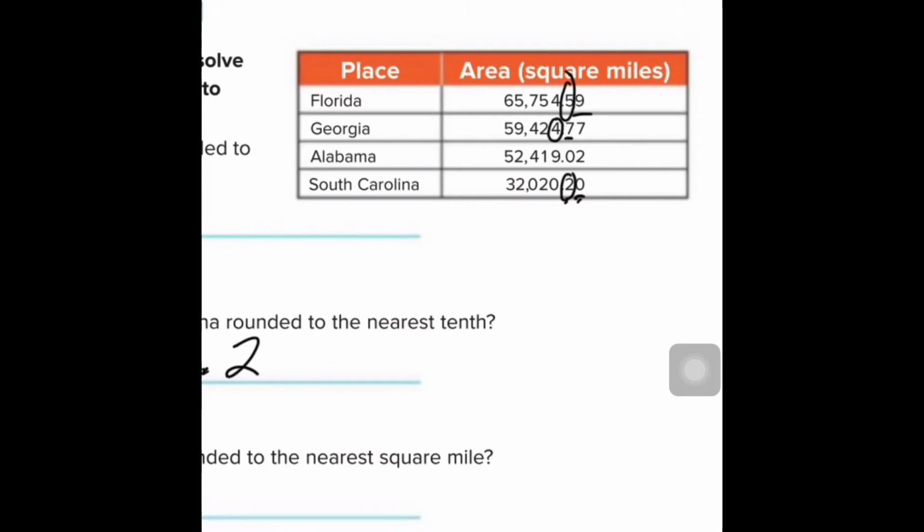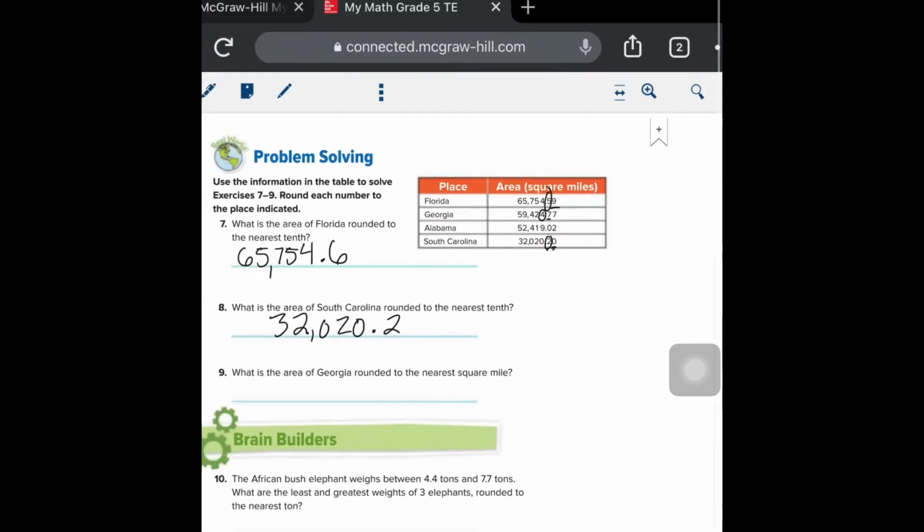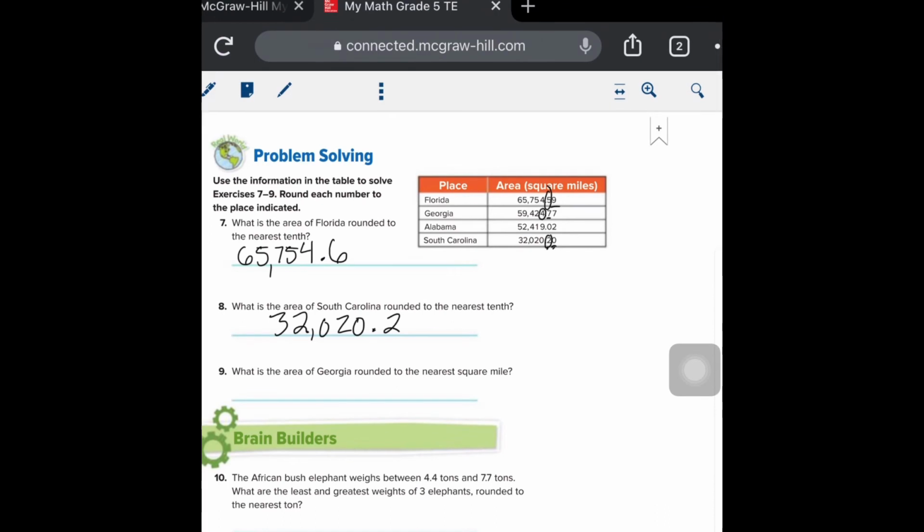That 7 is going to bump it up. So back out here. So Georgia, we're going to have 59,420, and then that 7 is going to change this square mile to a 5. So 59,425 is going to be the nearest square mile for Georgia.